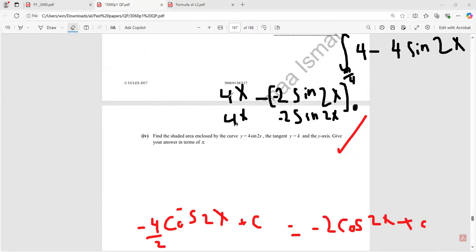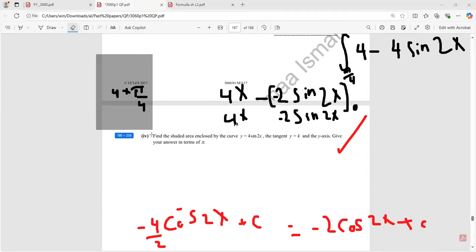First of all, we're going to substitute into the 4x. It will be 4 multiplied by pi over 4. I will do the line first, then the curve, then I will subtract them.